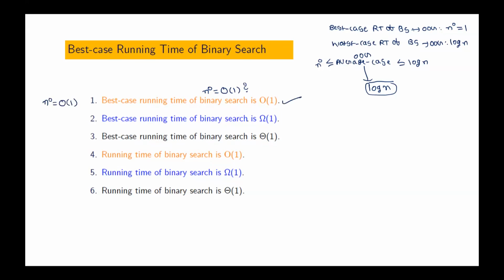Best case running time of binary search is big omega of 1. The order of growth is n power 0.